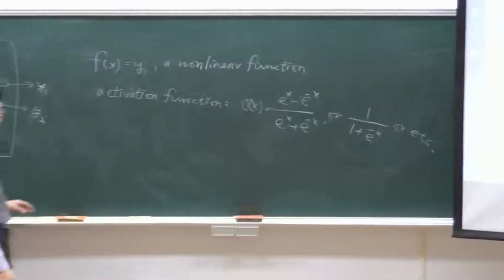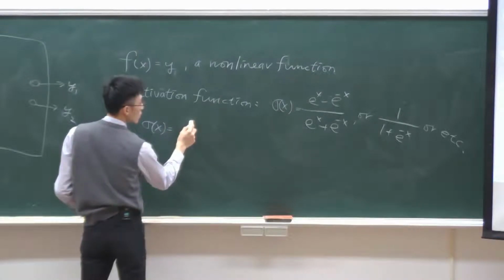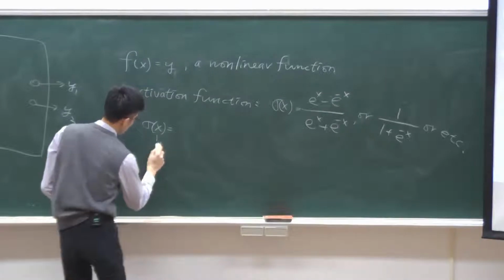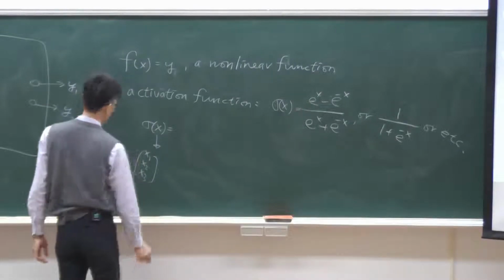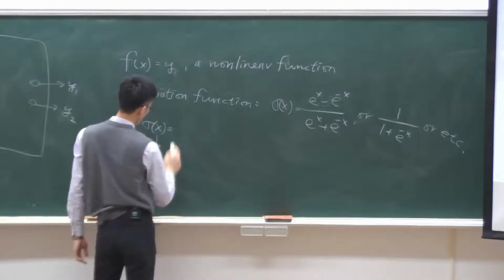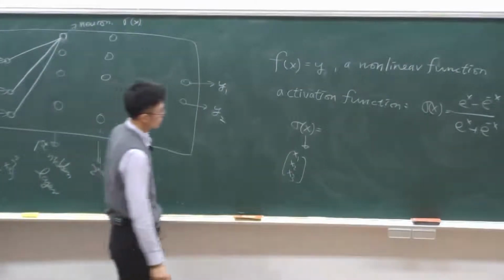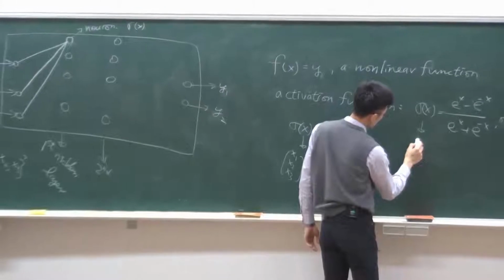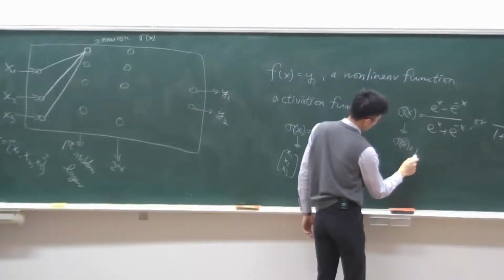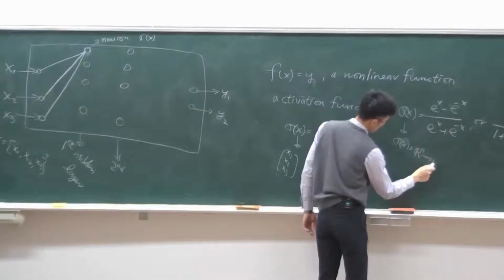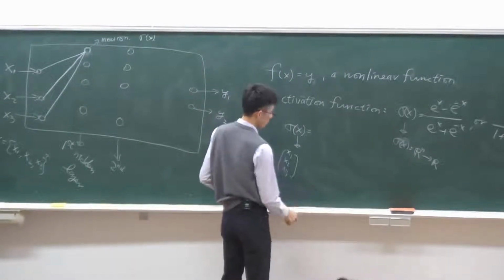So what this neuron does is it takes the input x, which could be x1, x2, x3, and generates a single function output. It maps from Rn to R. n is the dimension of x, and in this case it's R3.